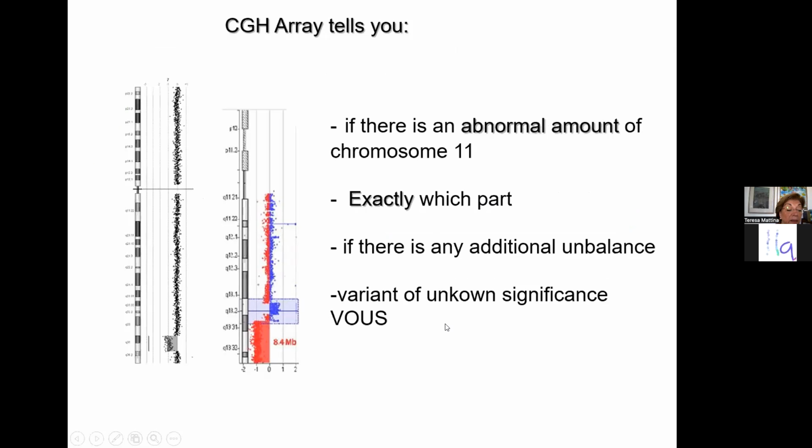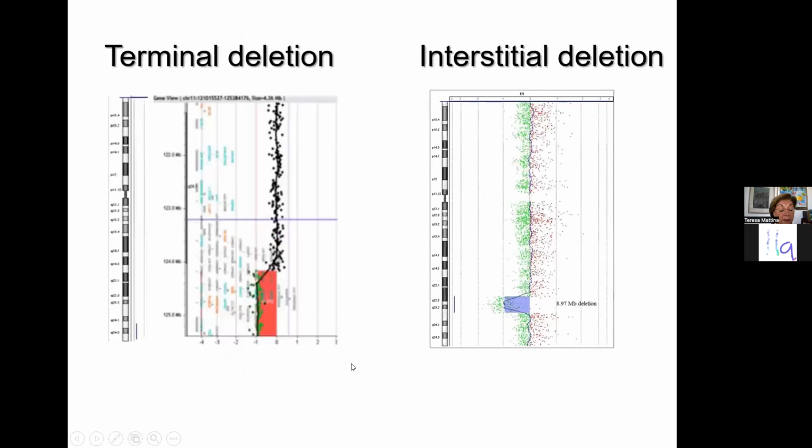They are losses or gains that may not be associated with a clinical problem, and they may leave an incomplete diagnosis. We also can see if it is a terminal deletion or an interstitial one, in between, in the inner part of the chromosome.